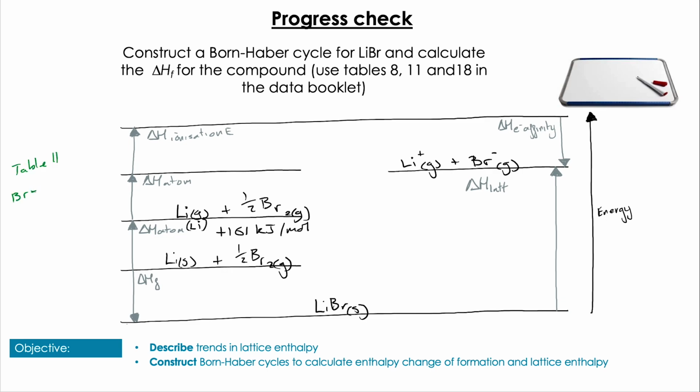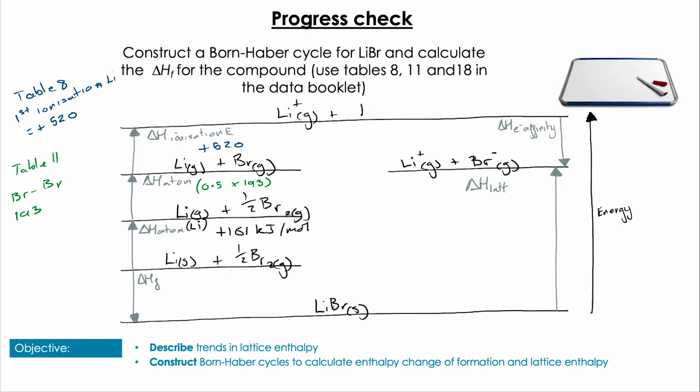Then if we atomize the bromine, which we can get from half of the Br enthalpy on the table 11 data table, we get Li gas plus Br gas. Now if we want to start ionizing these, we can go to table 8. We've got the first ionization energy of lithium, which the data table shows us is plus 520 kilojoules per mole, which gives us lithium plus gas plus Br minus.